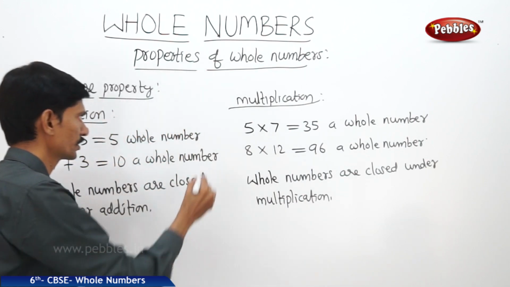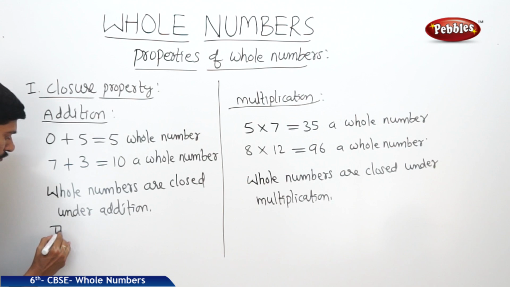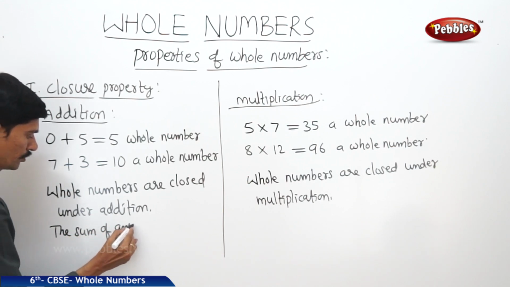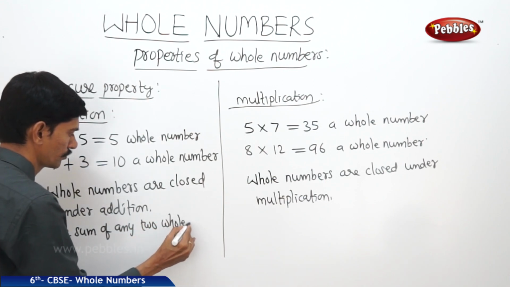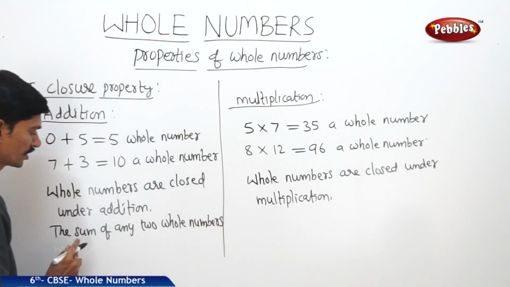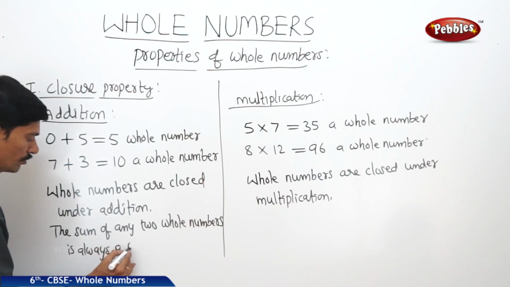In the first case, we can write that the sum of any two whole numbers is always a whole number.